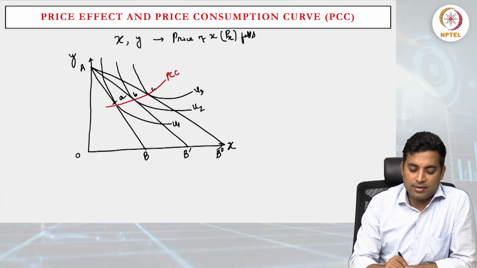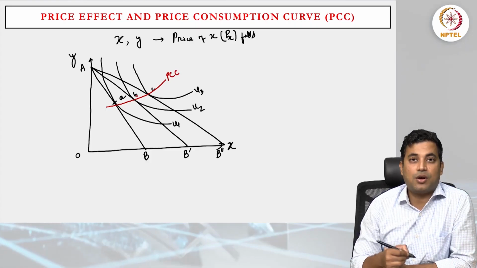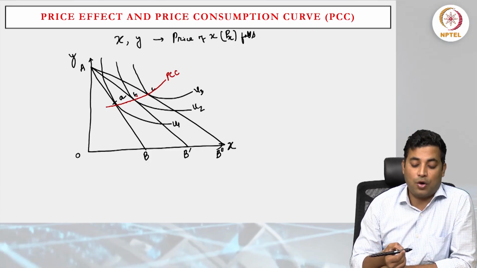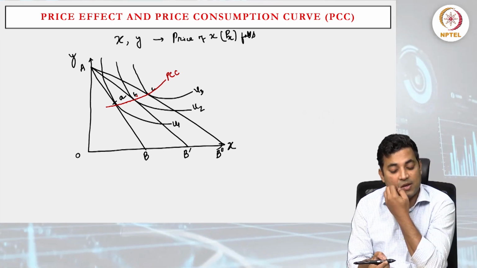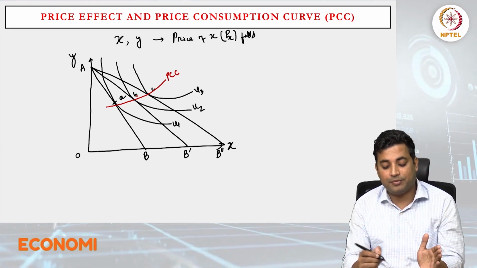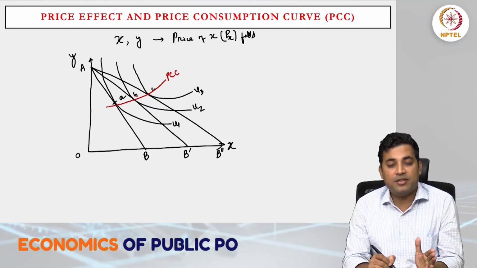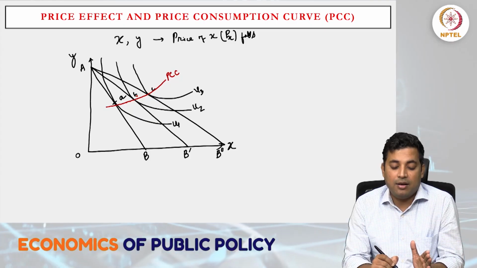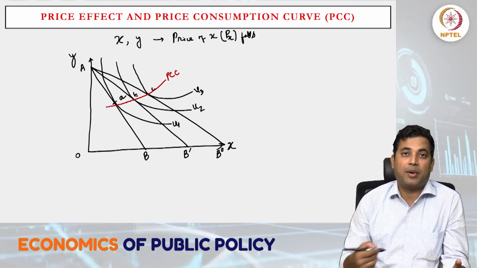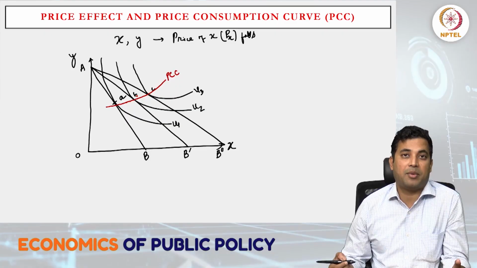So the price consumption curve shows the combination of all the points, which are utility maximization points, where we have the tangent point of utility and budget line due to a fall or changes in the price.